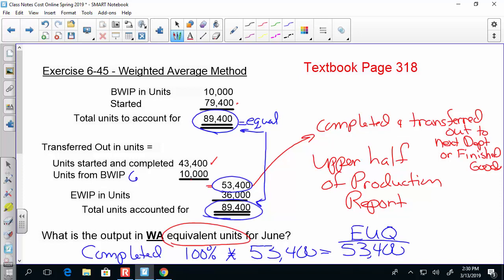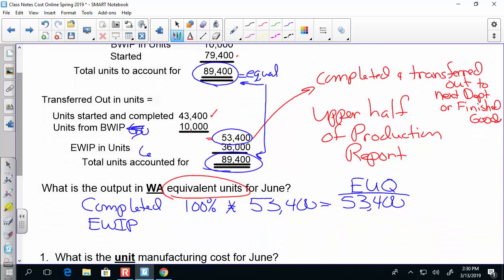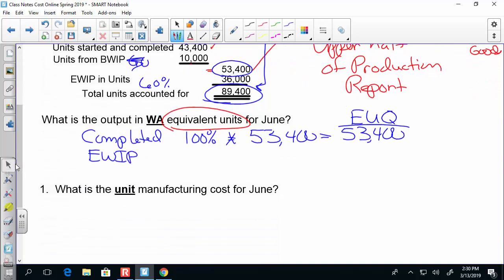These ending units are 60% complete. Times the 36,000 whole unit number, in equivalent terms it's 21,600 equivalent units. Now the equivalent units are just added together, which is 75,000.